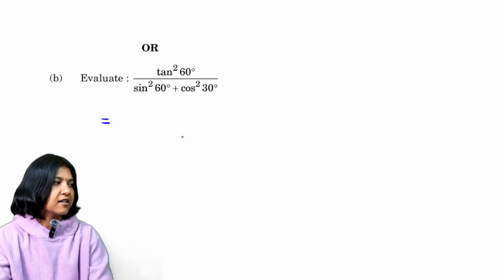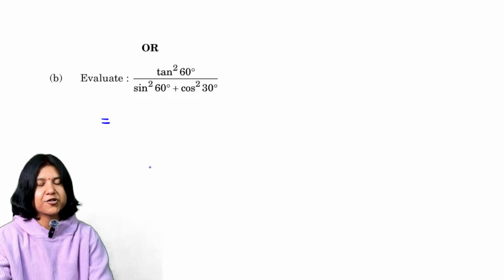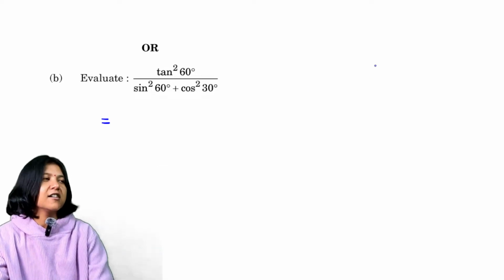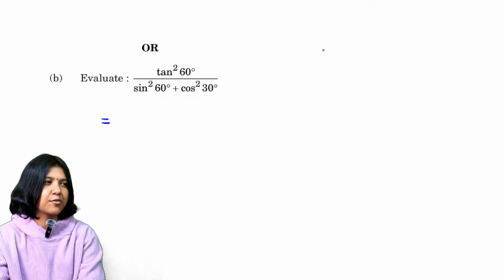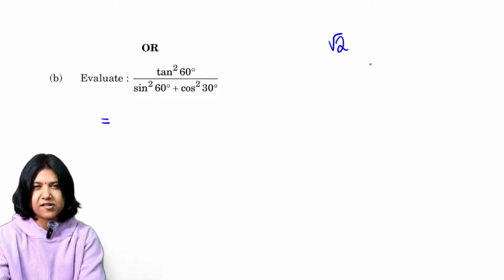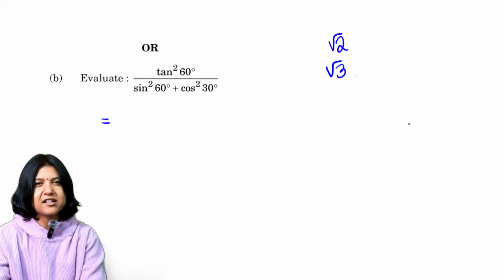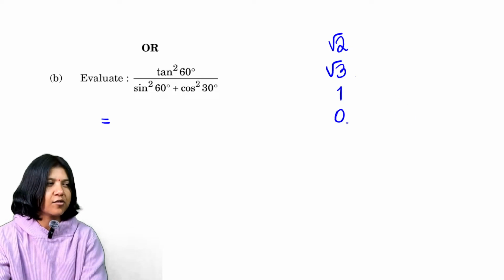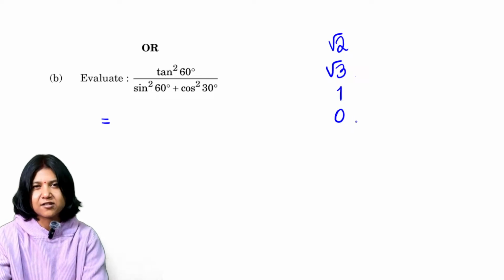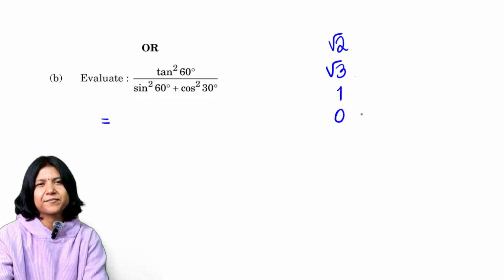If you think about the trigonometric ratios, for the first three I'm telling, you have values that are mostly in terms of root. Root 2 is common. You get root 3, okay? And definitely 1 is common, 0 is common. These are the values you get as the ratio. Now there is a logic why we get these specific values only.